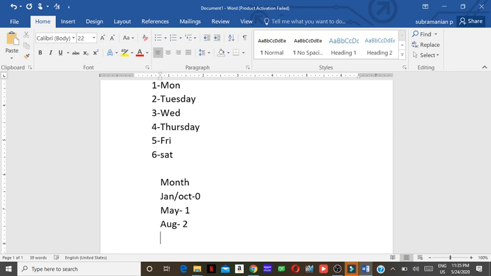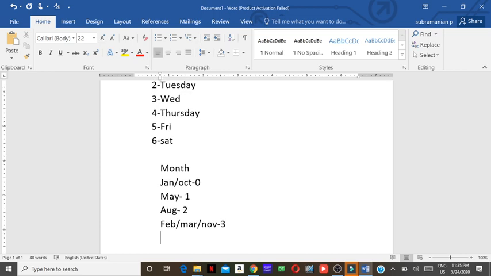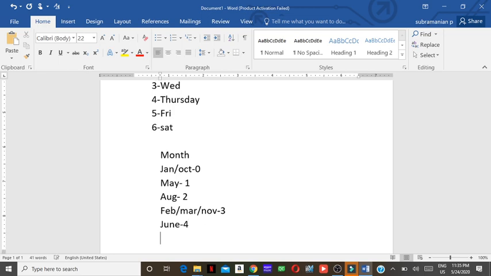Okay. We are moving to 3. In 3 we have 3 months: Feb, March, and November. All are represented as 3. Okay. In fourth, June is the fourth. School always opens on June 4th. So you can remember it like that.